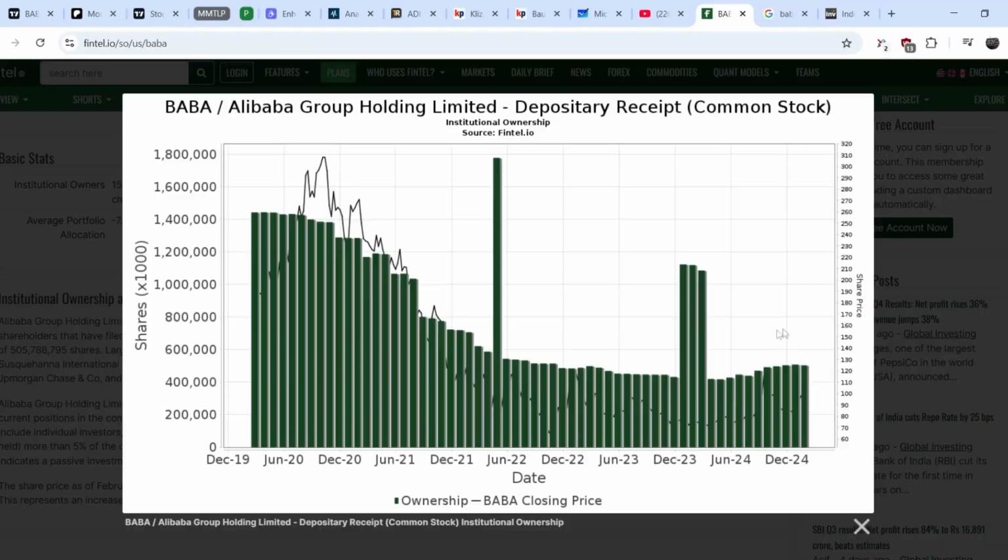But I want to pay attention to this chart again. It is the number of shares which belong to institutional investors. This movement to the upside shows that potentially Alibaba had its bottom somewhere at the very beginning of 2024.